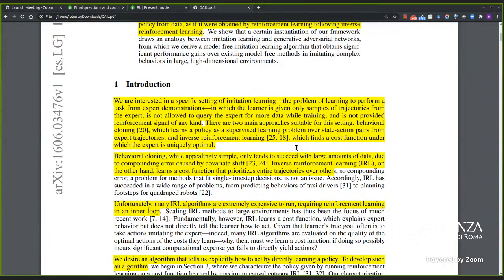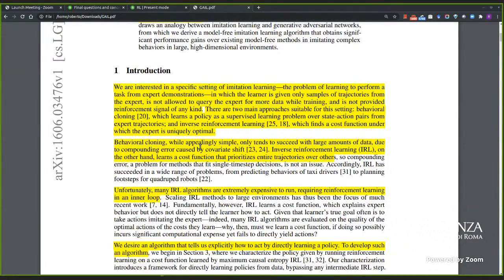Behavior cloning, while appealingly simple, only tends to succeed with large amounts of data. Why? Because it's cast as a supervised learning problem, and as usual, you need a big amount of data. There's also another problem: typically when you do behavior cloning, you tend to have a compounding of error.